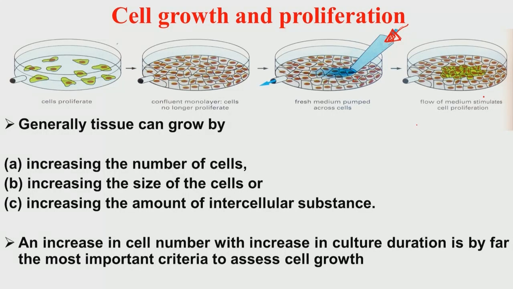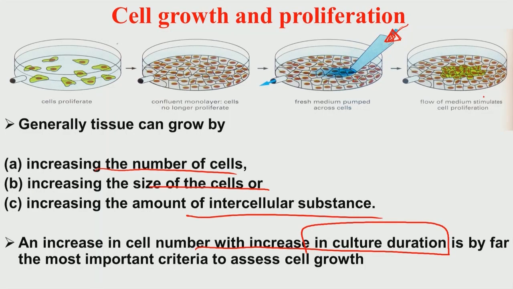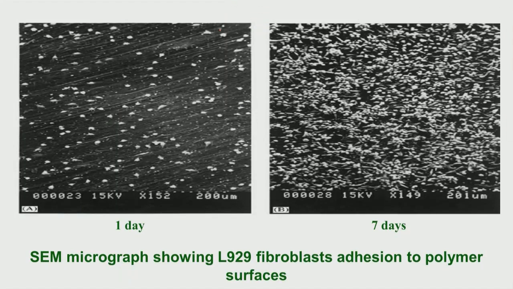Tissue can grow by increasing the number of cells, the size of the cells, or the intracellular substance. An increase in the cell number with increase in the culture duration is by far the most important criterion to quantify or establish cell growth, which I have sufficiently explained in the last module. Observation of cell morphology or quantification of the cells adhered to a biomaterial substrate needs to be done from a microscopic study.